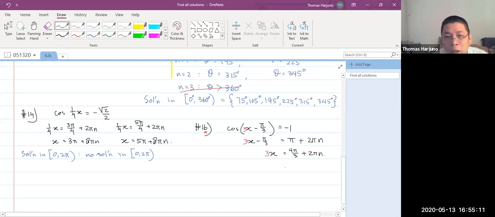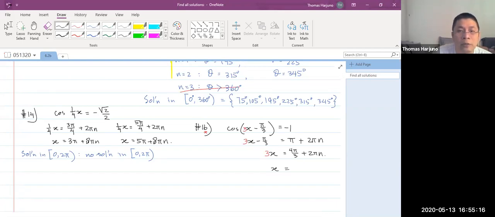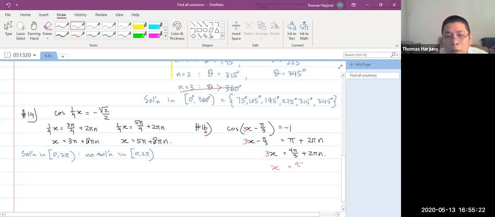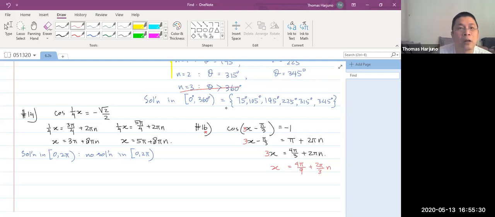So I get x equals to, maybe I use another color, not the same color. Let me use red instead. So x will be 4 pi over 9 plus 2 pi over 3n. Okay, if we have that 3 here.